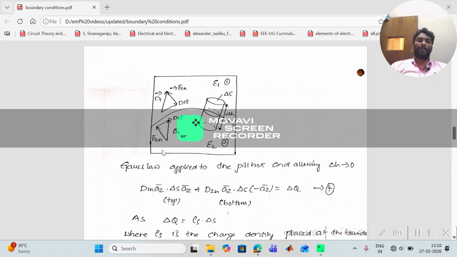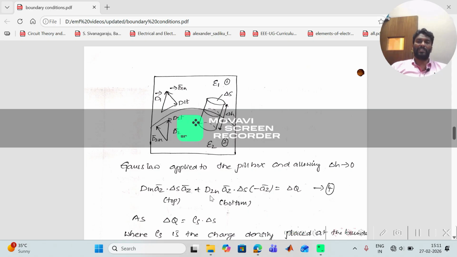So if we apply Gauss law to a pillbox kind of surface, allowing delta H tending towards 0, for this surface we do have differential surfaces. One is in the first region, the other is in the second region. Here D1n is nothing but the normal component of electric flux density in region 1 along the z direction into the differential surface del s, which is along az.